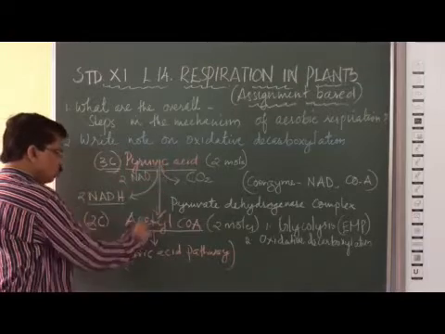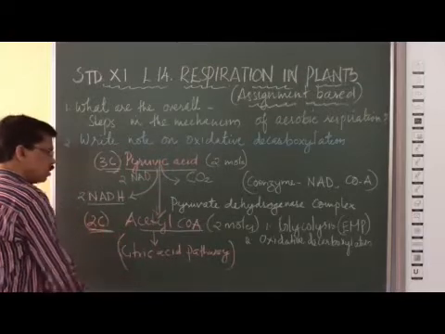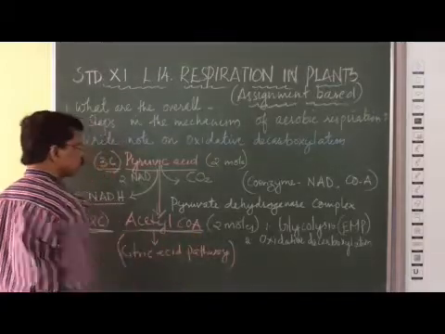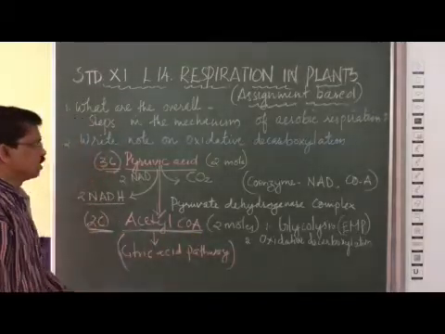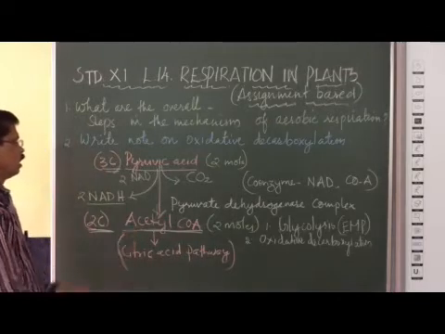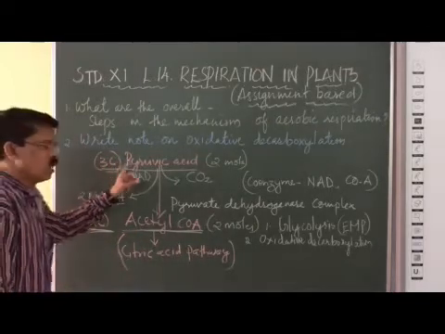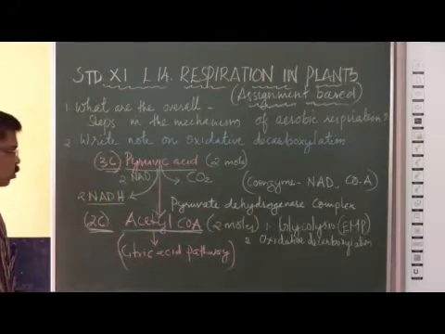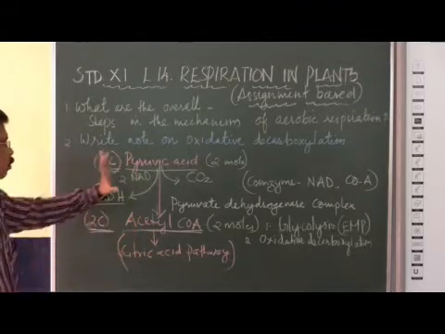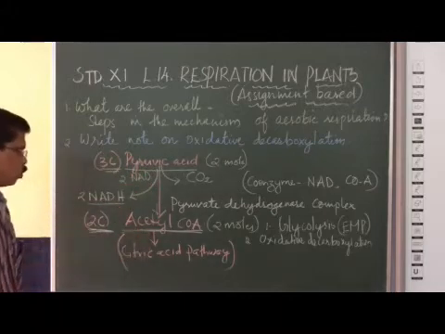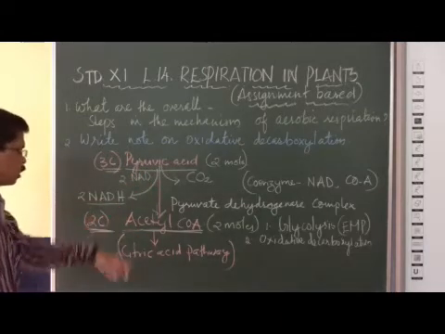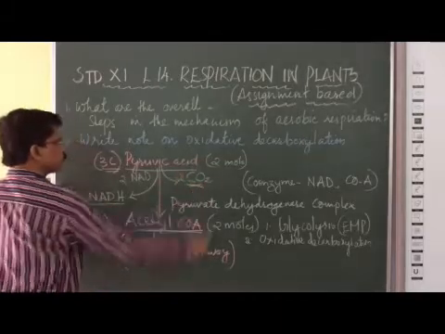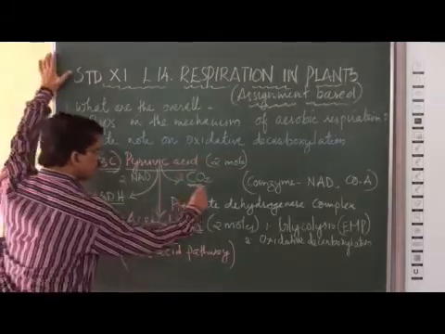That now converts to 2 molecules of the 2 carbon compound, acetyl coenzyme. What is formed during oxidative decarboxylation? 2 molecules of pyruvic acid are broken down into 2 molecules of acetyl coenzyme, a 2 carbon compound, during which carbon dioxide is formed. So it is called decarboxylation.